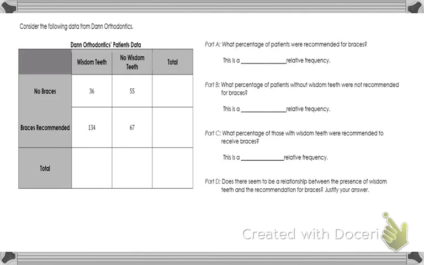Let's do this next problem. So we're going to go ahead and fill in our totals first. 36 and 55 is 91. 134 and 67 is 201. 36 and 134 is 170. 55 and 67 is 122.